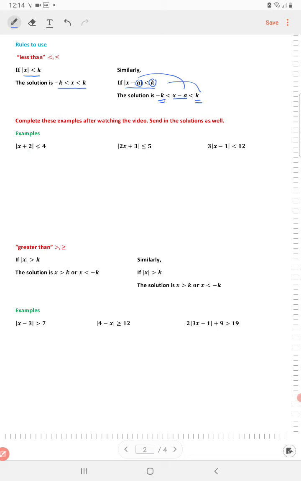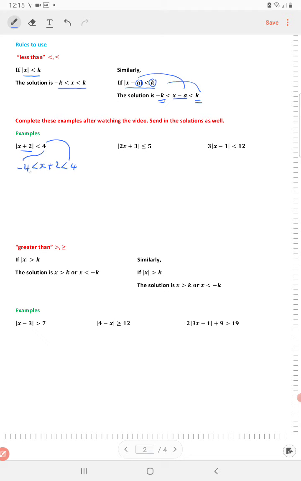So absolute x plus 2 less than 4, so this rule applies to less than problems. So the minus 4 would be written here, less than x minus a, which is x plus 2. So write the x plus 2 in the middle, and the 4 would be written here as the positive value. And we just solved that.